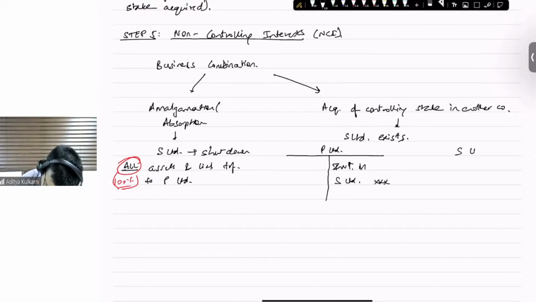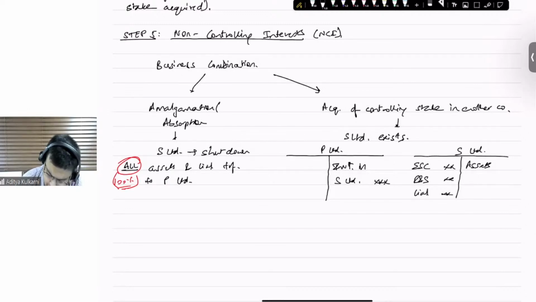In S Limited's balance sheet, I will be having equity share capital, assets, liabilities, reserves and surplus. Okay, I'm just drawing a rough balance sheet. Don't say that this is not as per Ind AS, etc. Okay, so this is how your structure appears even after the controlling stake is acquired.